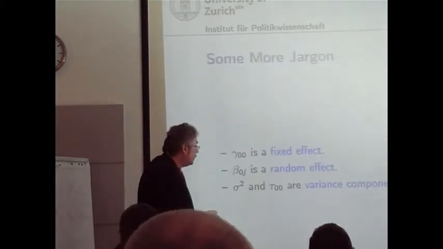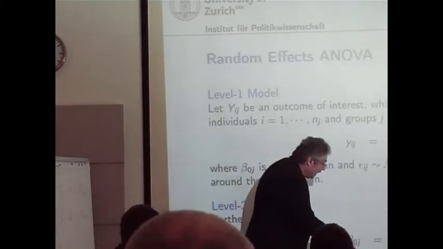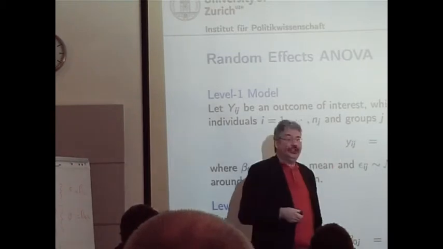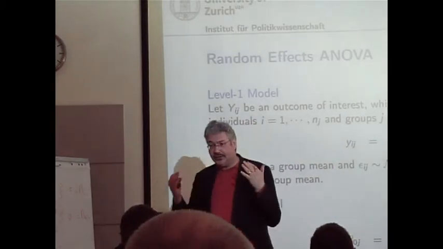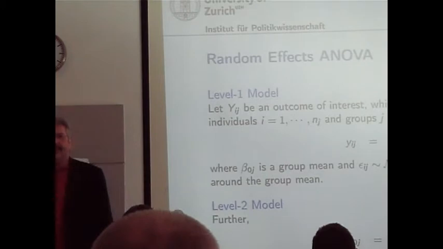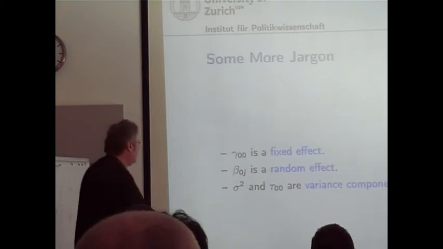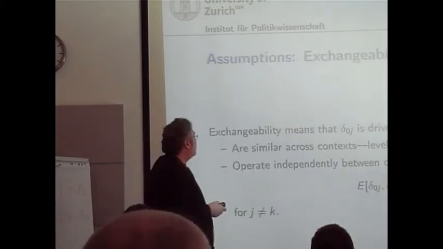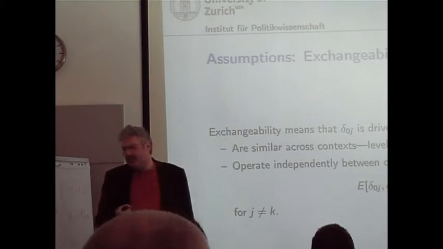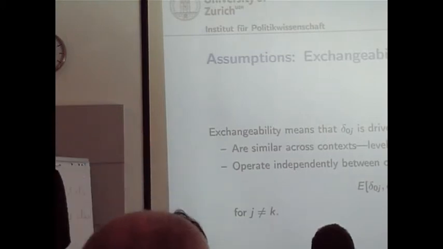In other words, when we go to the estimate of tau 0,0, which is the variance of these delta zeros, then that should be significantly different from 0.